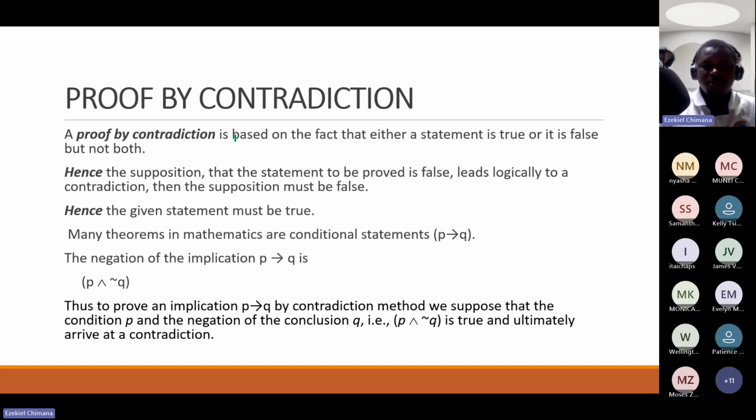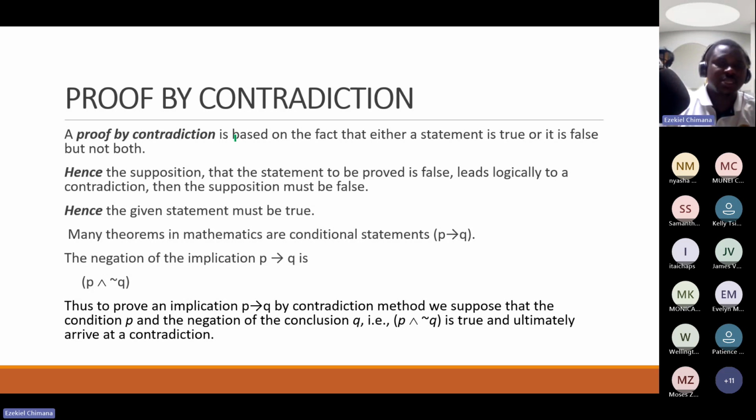You are going to prove that this one is true, and then we negate that. We know that if we negate it, it will flip to false. Then we try to prove it, and it must lead to a contradiction, which means it gives us false because we've negated it. That's when we know that the previous given statement was true.